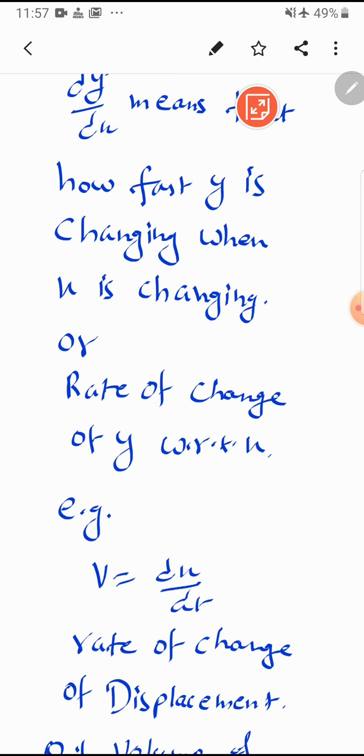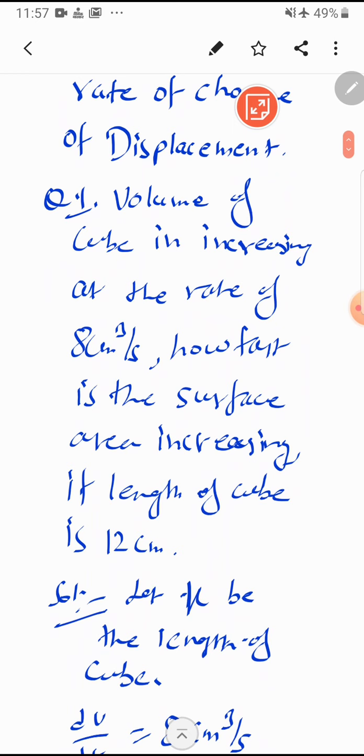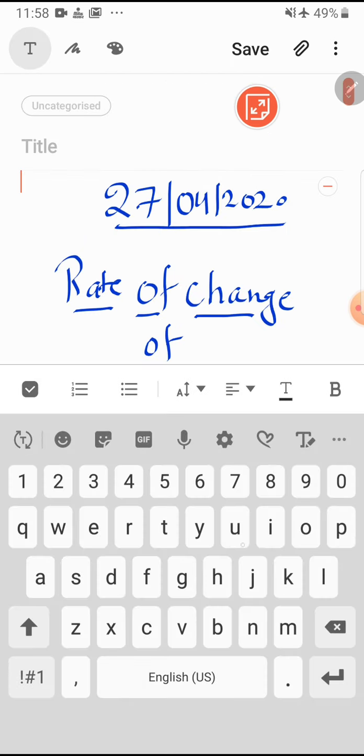So let us start a question. The question is, the volume of a cube is increasing at the rate of 8 centimeter cube per second. So how fast is the surface area increasing if the length of the cube is 12 centimeter? Now here we are given the rate of change of volume, not volume. The units will decide.